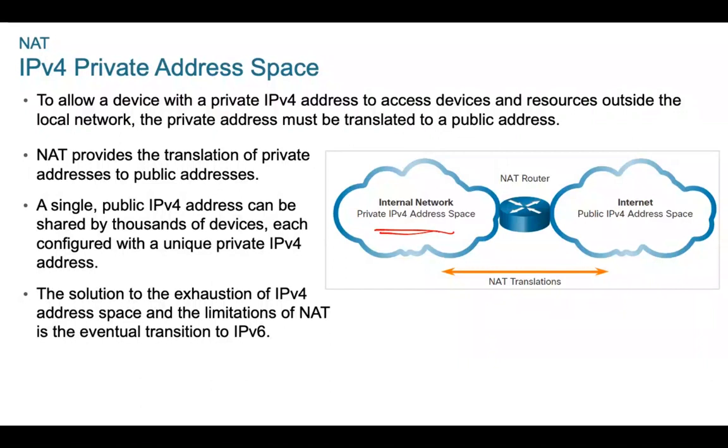From this router, it can connect hundreds or thousands of devices, but when a packet is going out from this router, a single public IPv4 address is enough. That will be shared. In this case, the router plays an important role connecting the internal network with the external network, the internet.